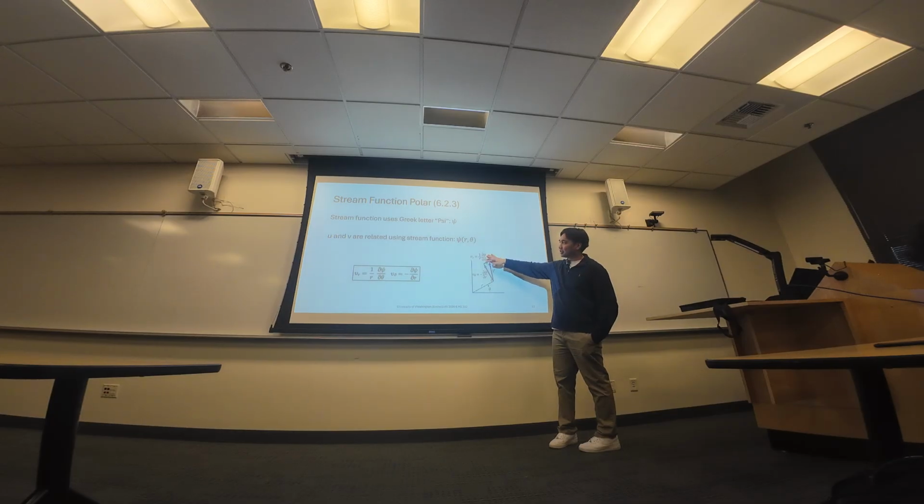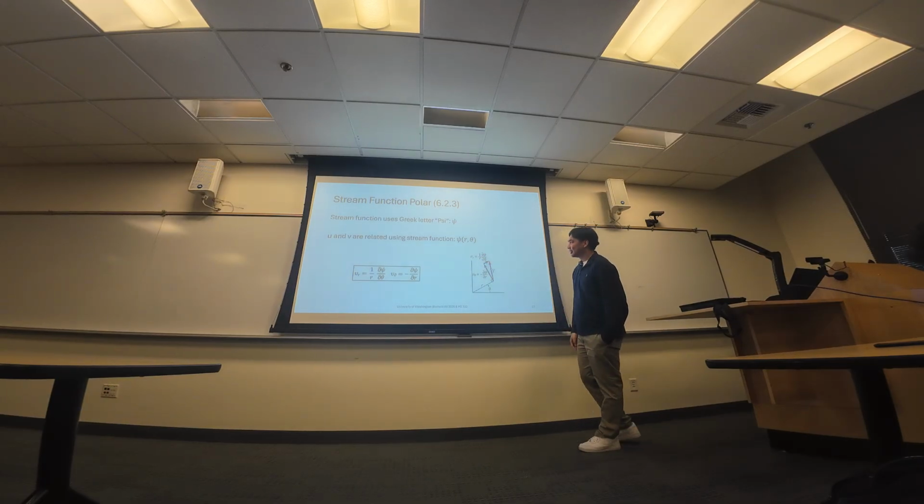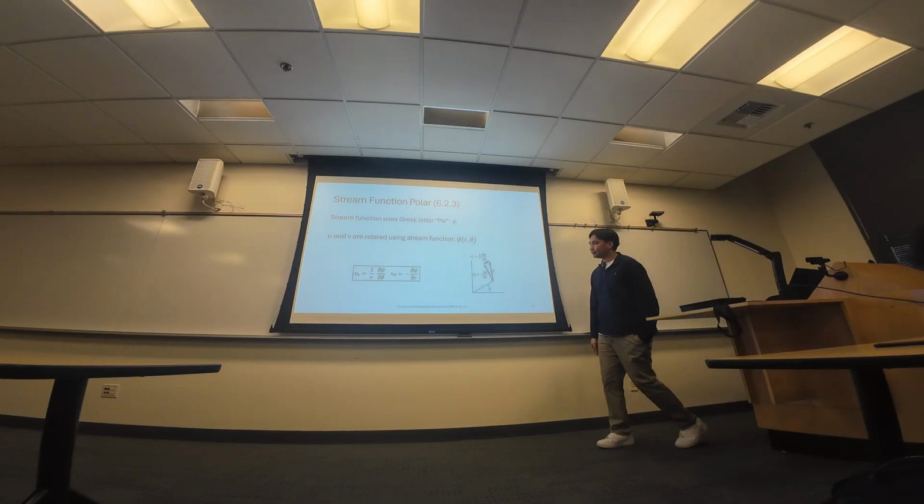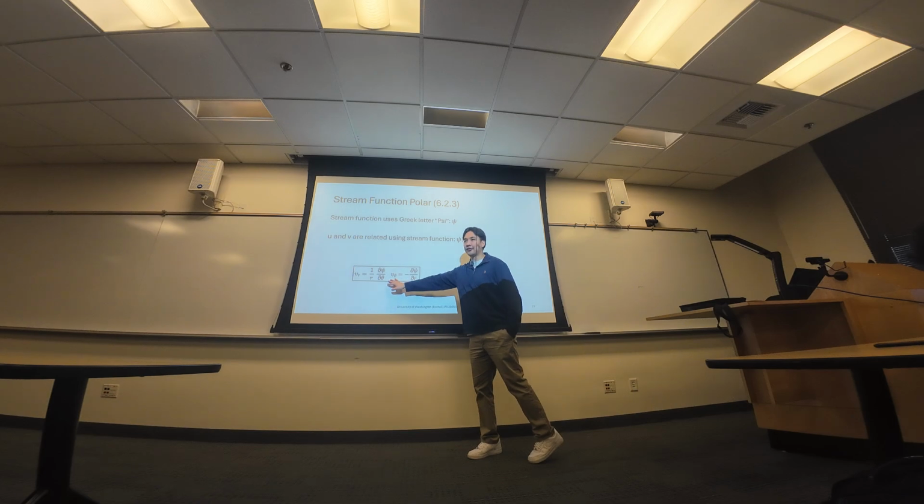If I do polar coordinates, you're going to get a function of r and theta. So it could be psi equals r squared times cosine theta. You take the derivative of cosine, that's negative sine. R squared is 2r. So you take the derivative with respect to that variable. And here are the equations laid out for you.